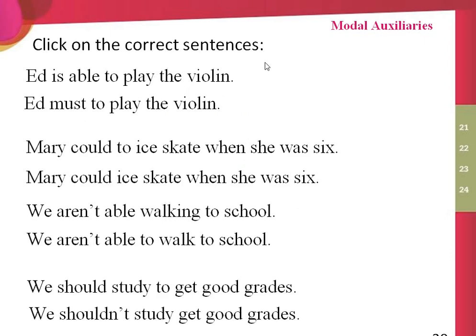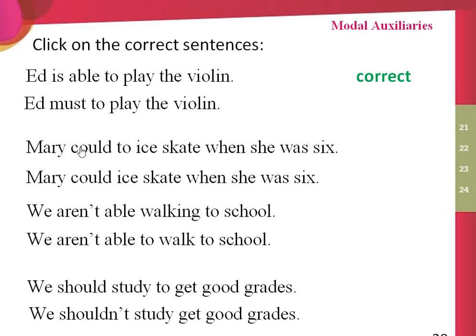And this exercise here, on this page of exercises, I have to mark the correct sentences. In the number 1, I have Ed is able to play the violin. Ed must to play the violin. And the correct answer here is Ed is able to play, because we don't have must to play, no infinitive in this case here, alright?